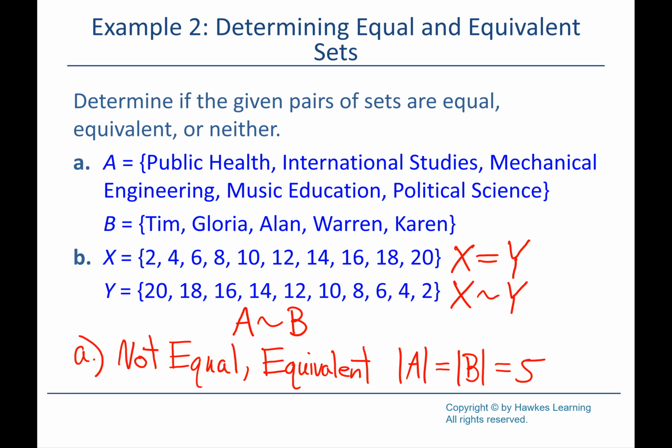We said two sets were equal. Well, it has to be true for two sets to be equal, remember? Yeah, they got to have the exact same elements, the exact same members, however you want to say that. And then we talked about the cardinal number of sets. What does cardinal number mean?